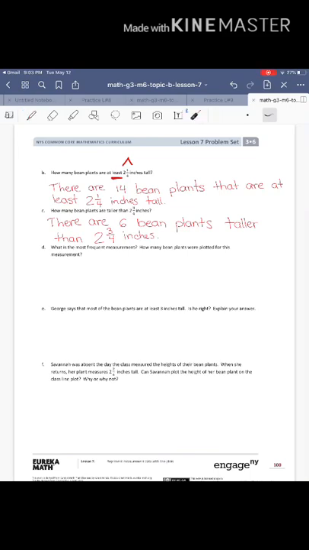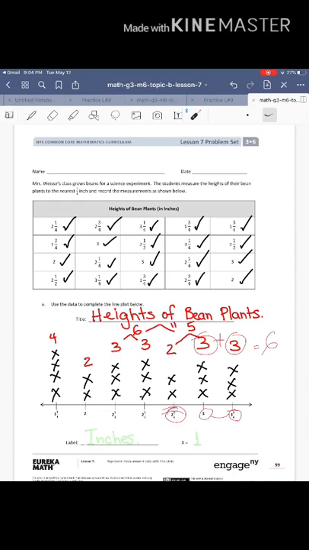Okie dokie, let's go to the next one. What is the most frequent measurement? Most frequent. The measure that has more beans. How many bean plants were plotted for this measurement? So let's check. Which one of these in the whole chart has more bean plants?